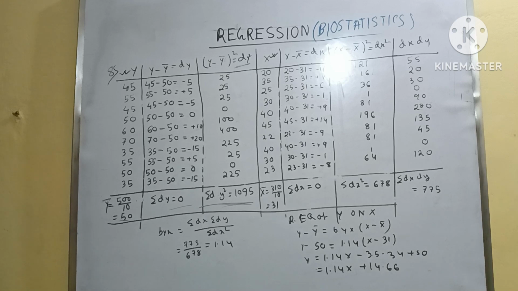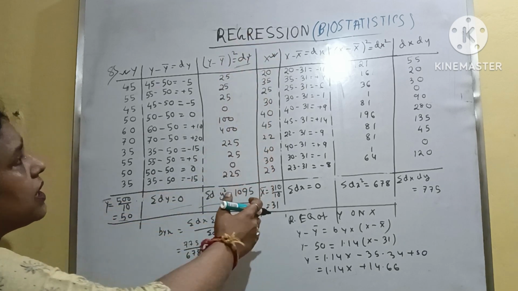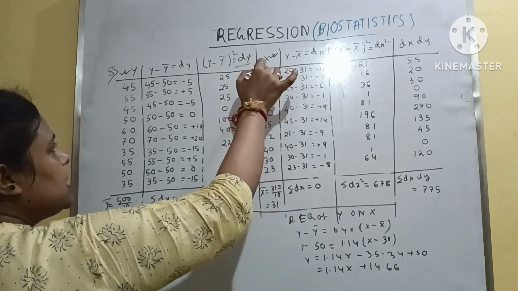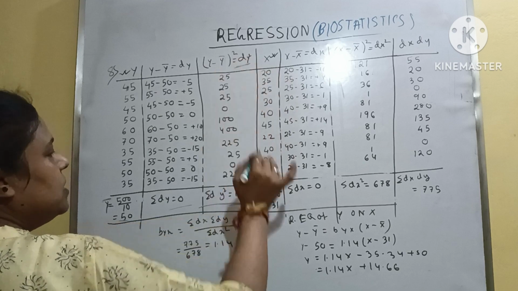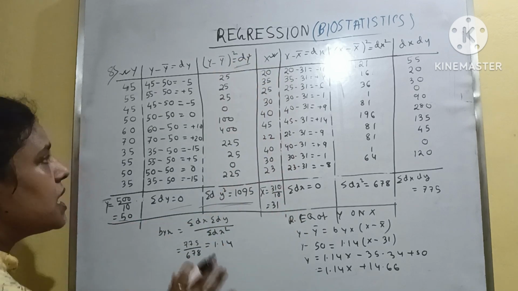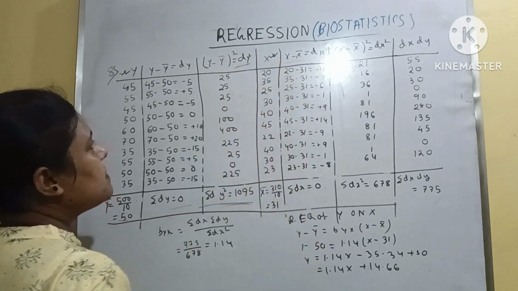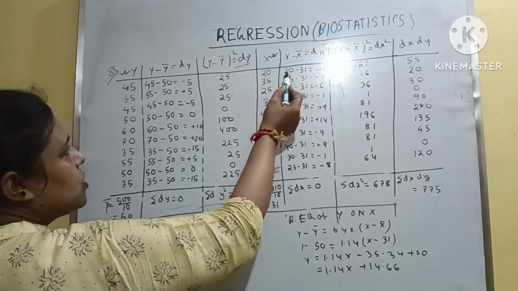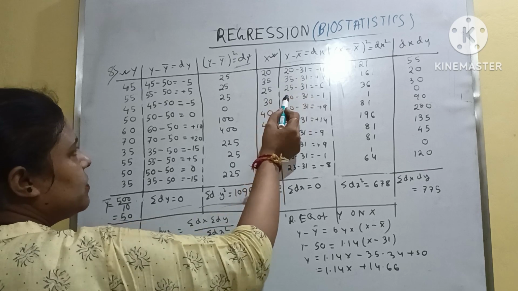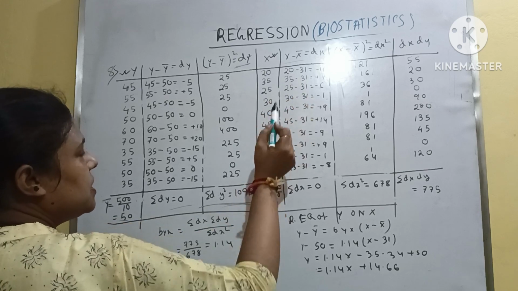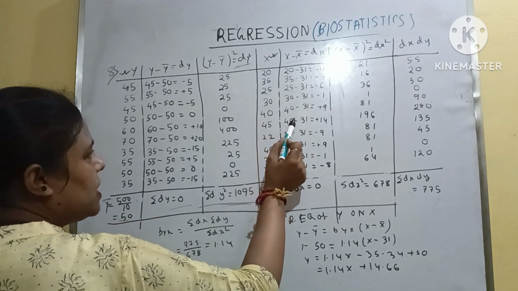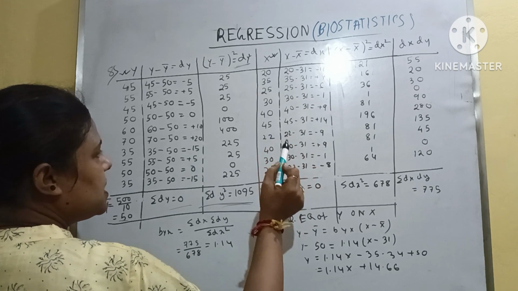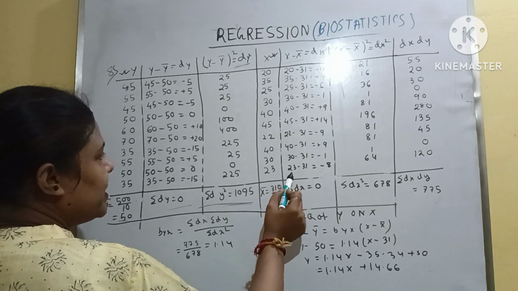And here the x values, in a similar way, first we have to calculate the x bar by adding these and dividing by the number of individuals. So with x bar, we just calculate x minus x bar. So x minus x bar, you can see 20 minus 31, 35 minus 31, 25 minus 31, 30 minus 31, 40 minus 31, 45 minus 31, and 22 minus 31, 40 minus 31, 30 minus 31 and 23 minus 31.